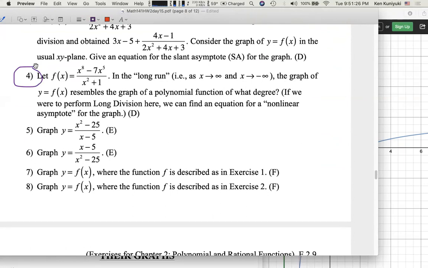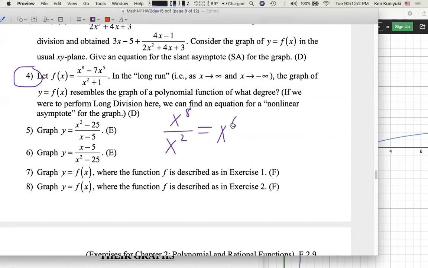On the one hand, it's a concept problem that forces you to think carefully about what's going on, but it's very little work. Here's a hint. What is x to the 8th divided by x to the 2nd? It is x to the 6th.